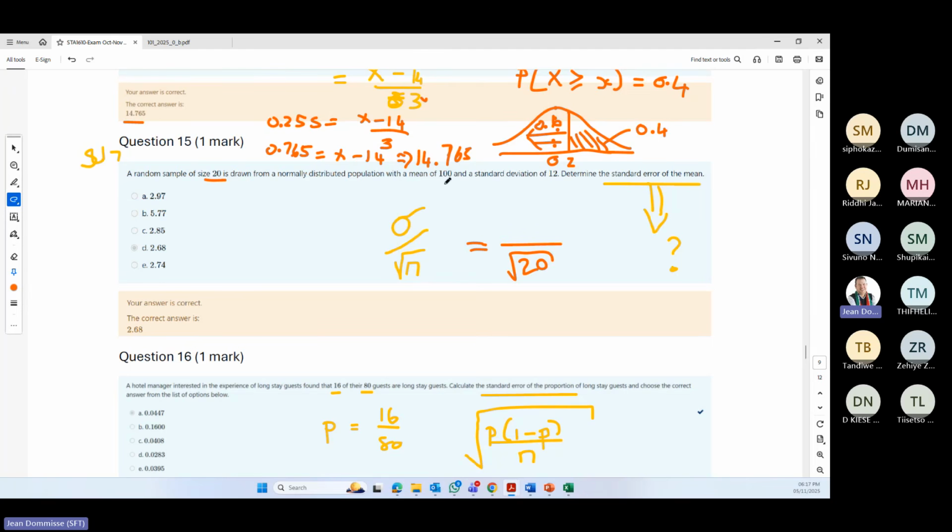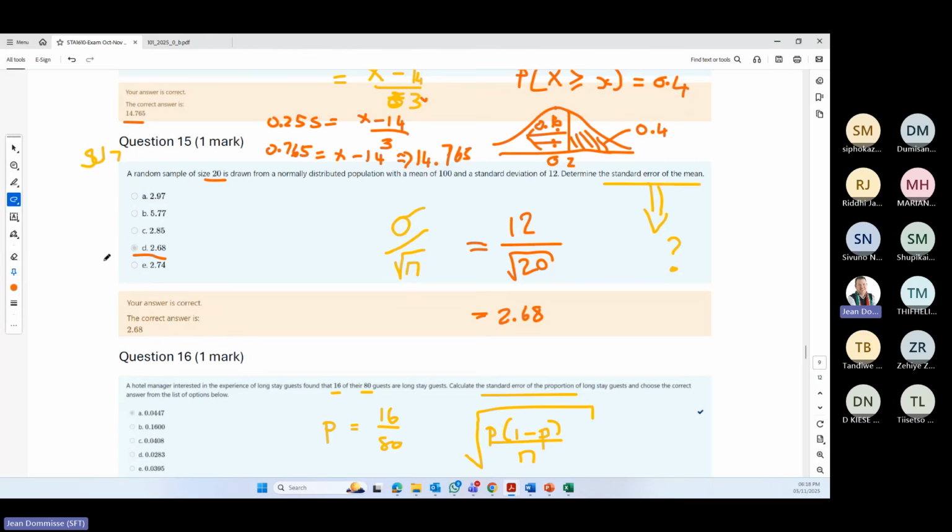The standard deviation of 12. Okay, so 12 divided by square root of 20 gives me 2.68.